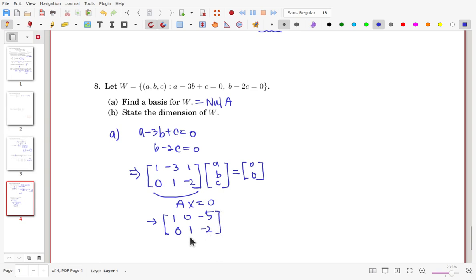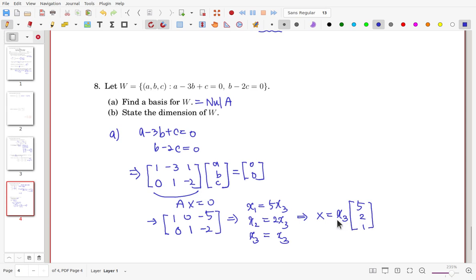x1, x2 are basic variables, and x3 is a free variable. So from here, x1 equals 5x3, and x2 is 2x3. Now x3 is the free variable. So from here, x is the same as x3, the free variable, times the direction 5, 2, 1.